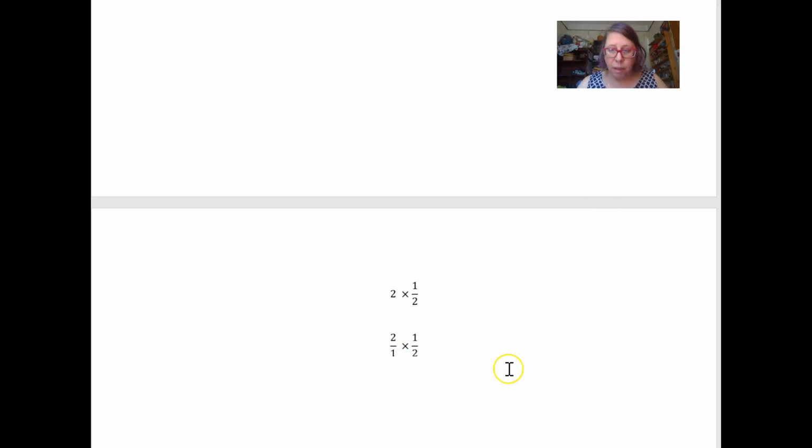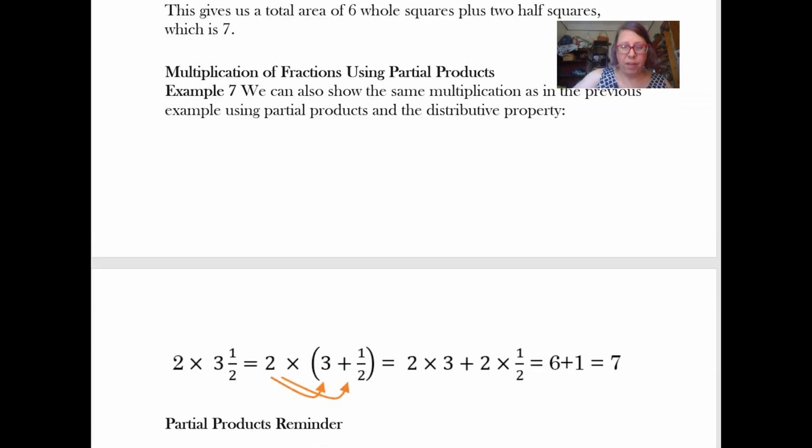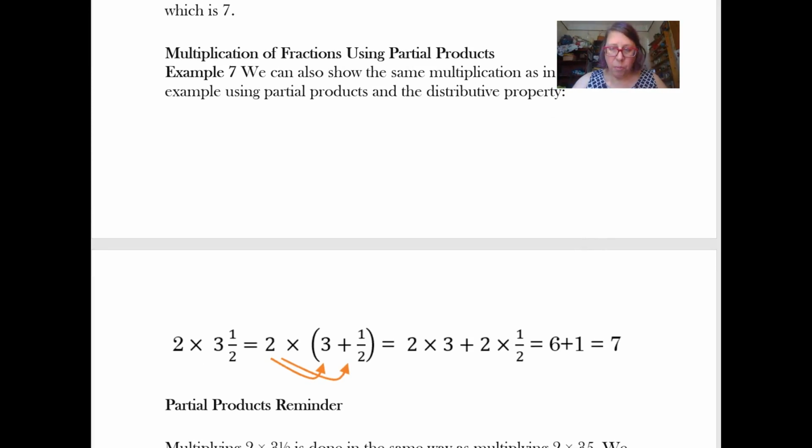So you multiply 2 times 1, which is 2, and then you multiply straight across the bottom, 1 times 2, which is 2. And then 2 over 2? Well, 2 over 2 is 1. So that's why we get 6 plus 1 is 7, because you have 2 times 1/2.